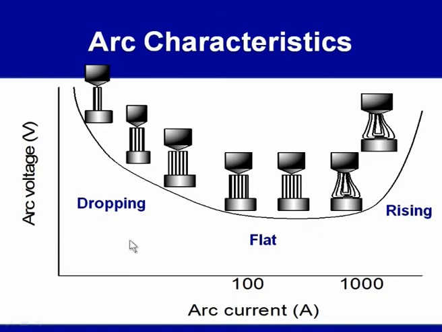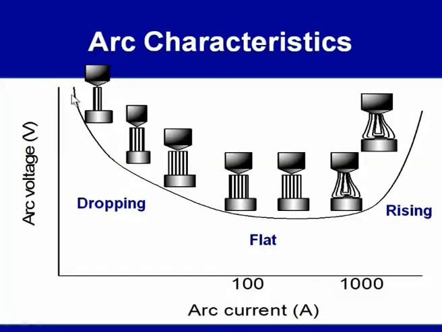These we can see in the arc voltage versus arc current relationship: when the current is very low and initially increased over a range of, say, up to 100 ampere, there is a continuous increase in the size of the arc as well as the temperature of the arc. Increase in temperature increases the charged particle density, which in turn decreases the arc voltage, and this continues up to say 100 ampere welding current.